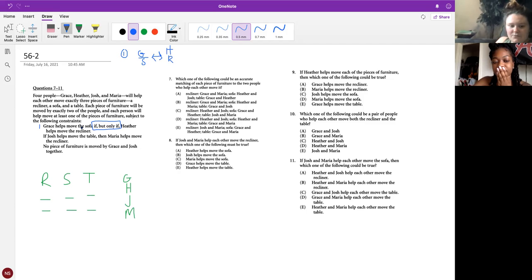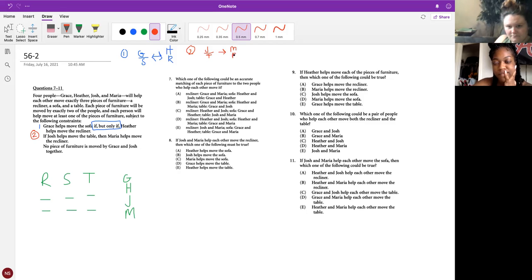All right, so let's go on to rule number 2. If Josh helps move the table, then Mariah helps move the recliner. So is this what you would do? If Josh moves the table, then Mariah does the recliner.